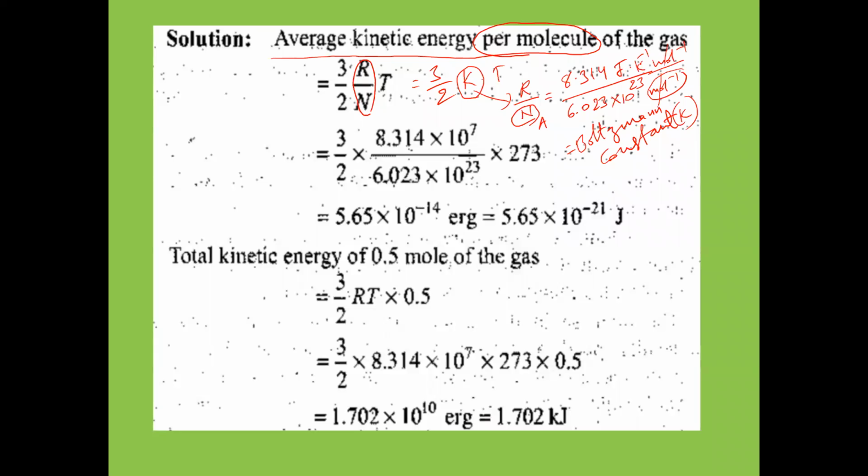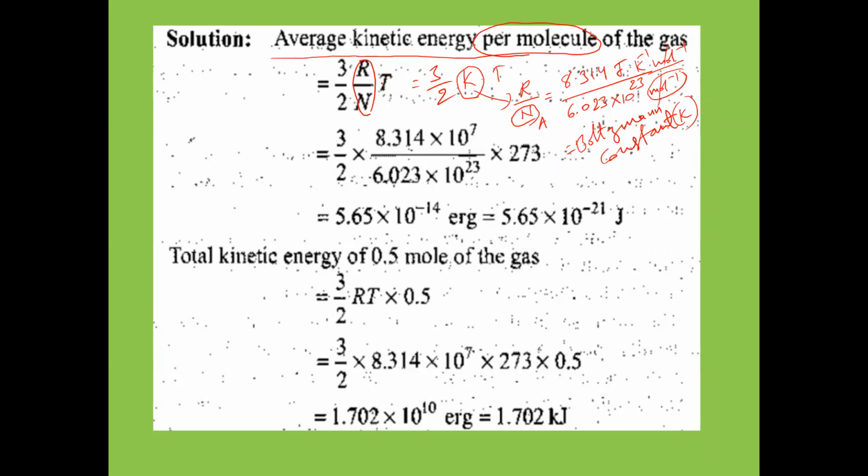The units of the Boltzmann constant are joule into Kelvin inverse, that means joule per Kelvin. So 1.38 into 10 power minus 23 joule per Kelvin is the value of the Boltzmann constant.